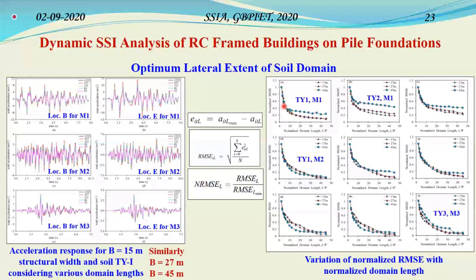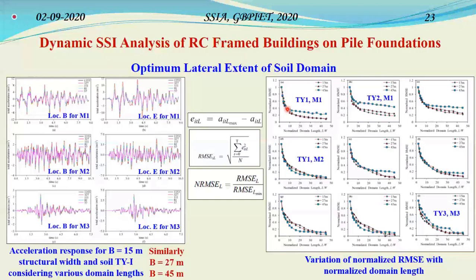Beyond a certain point, the change would be marginal or even there might be no change at all. So our target was that for each combination, we need to find the domain length, which we call the optimum domain length, which can be used for numerical modeling.